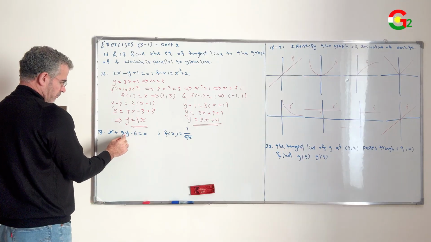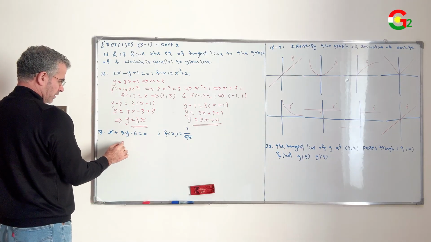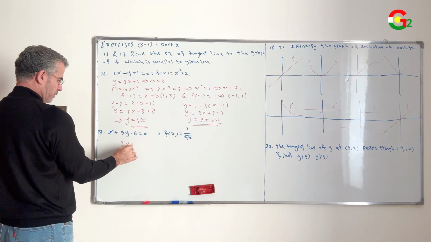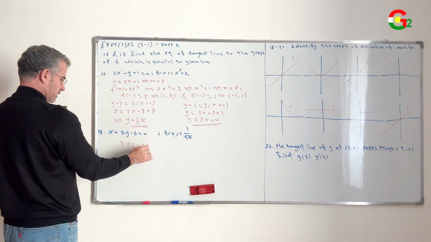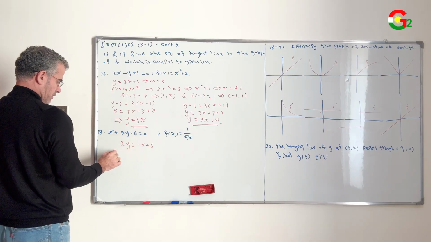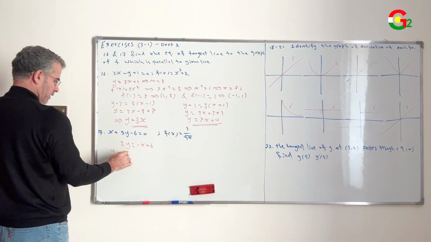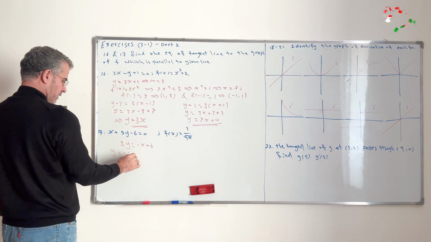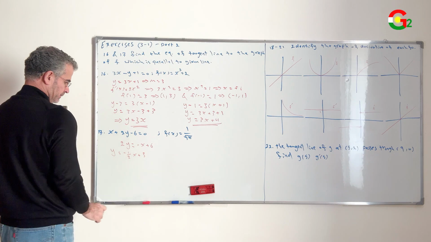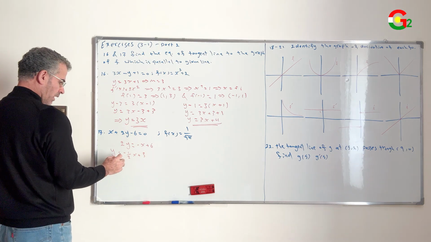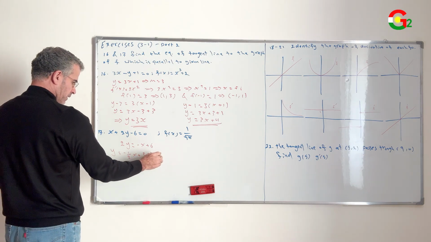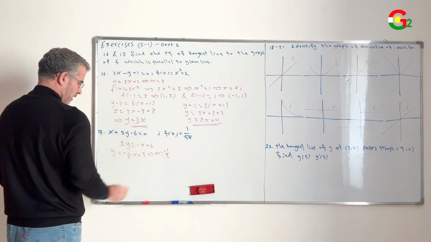We find the slope from the line. Rewrite it as 2y equal to negative x plus 6. Then y equal to negative 1/2 x plus 3. Therefore, the slope is negative 1/2.